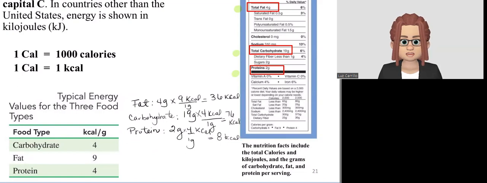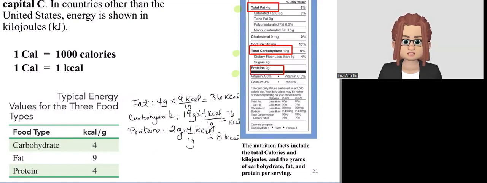Now, after we have this information, we can see that in this food item, the biomolecule that actually produces the most energy is the carbohydrate, because we see that there's 76 kilocalories of energy that are produced.